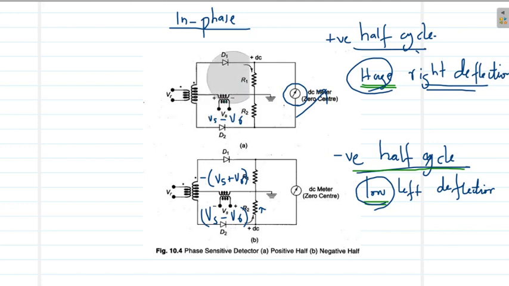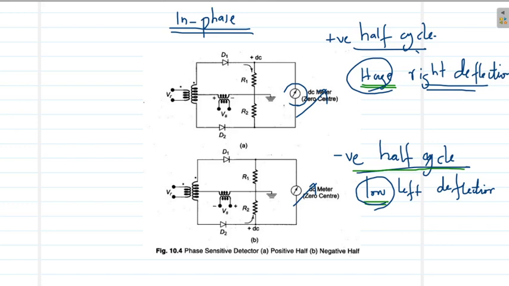This is due to the special case of in-phase signals, the development of voltages and their addition rules contribute to this effect. So this is how, during the in-phase waves, during their positive and negative half cycles, the galvanometer deflects differently, overall leading to a right deflection in the case of in-phase signals.